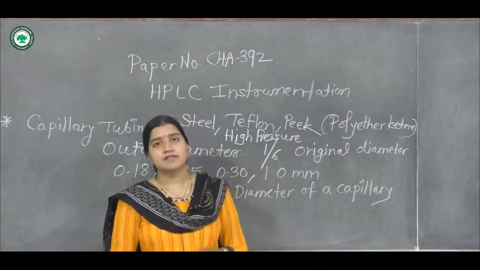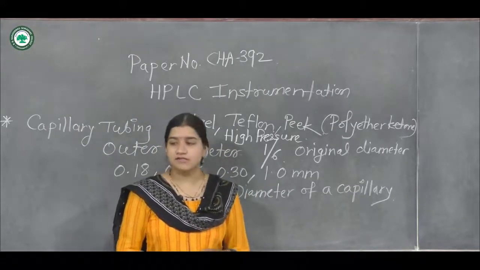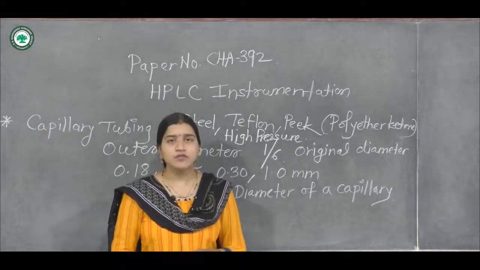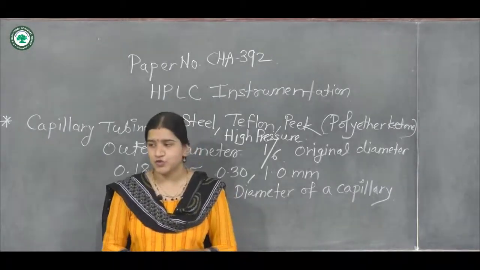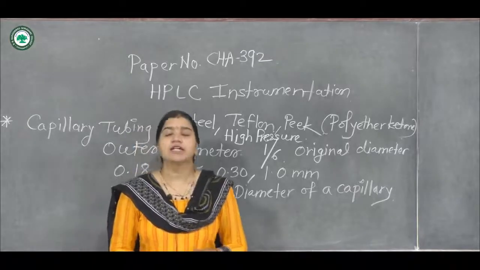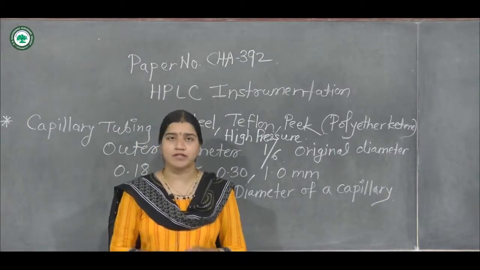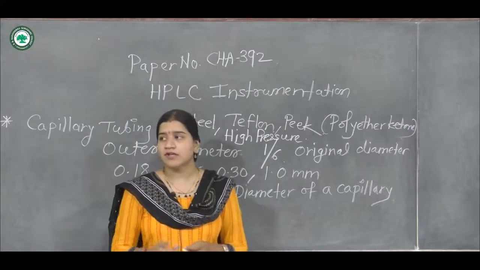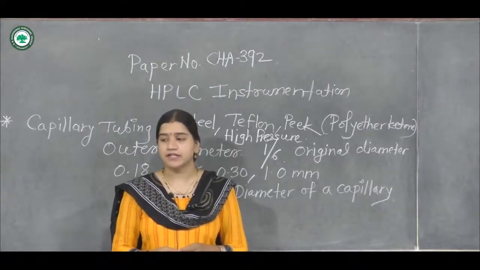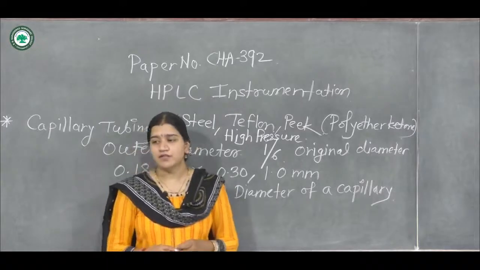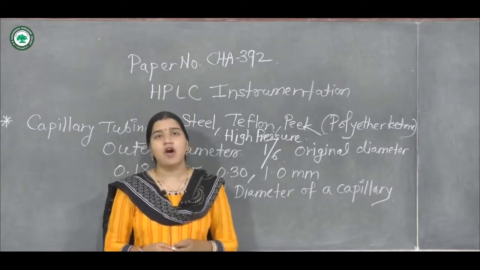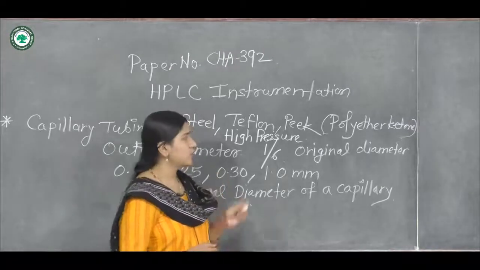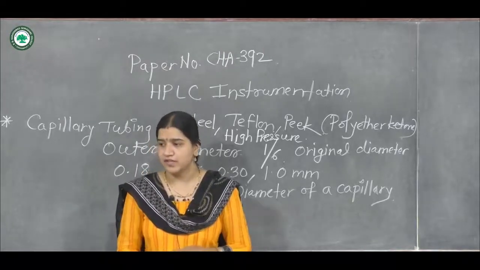Whenever you are dealing with the capillary tubing material, always consider that there should not be clogging in between the two materials. Whenever there is clogging while using the HPLC technique, it will lead to extra peaks. So all the critical connections in HPLC are made up of capillary tubings.